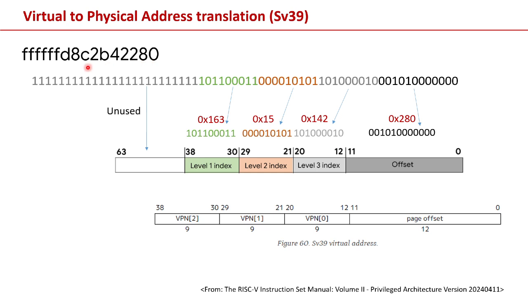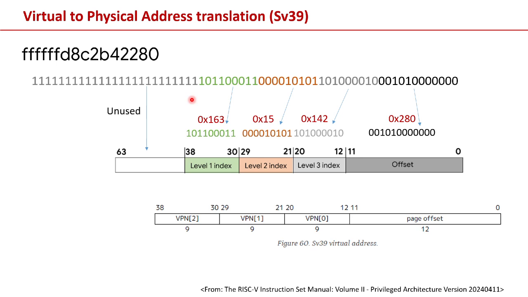But if you would like to learn about how the virtual address can be handled, we need to think about the virtual address in binary format, because each bit position of the binary value can be used for the level 3 index, level 2 index, and level 1 index. So this is the binary value from this address. This address is in hexadecimal format, and this value is in binary format.